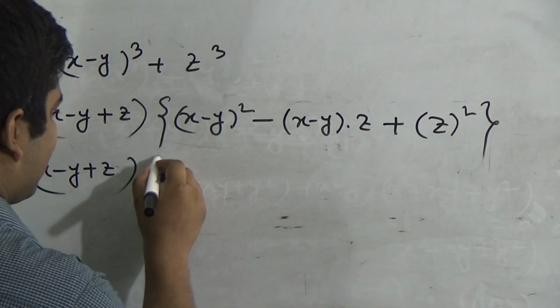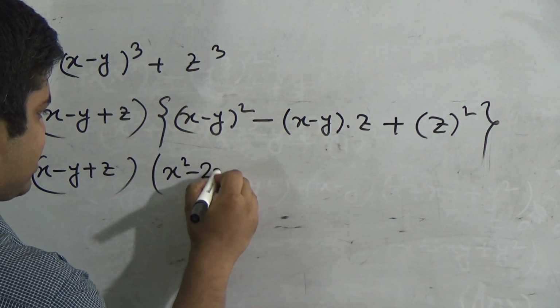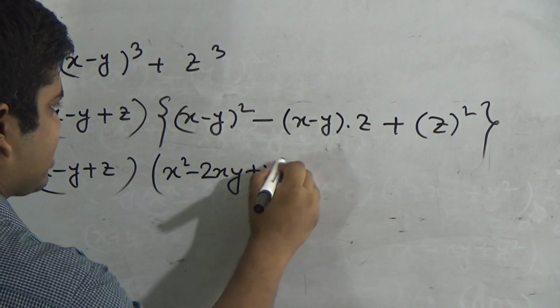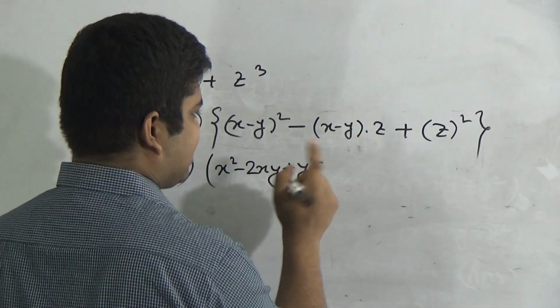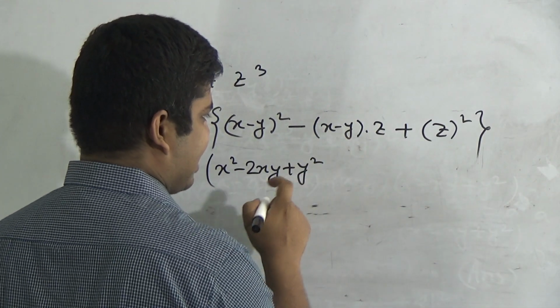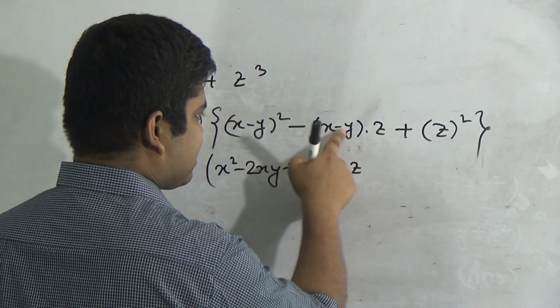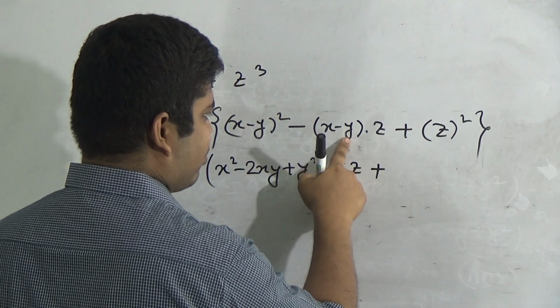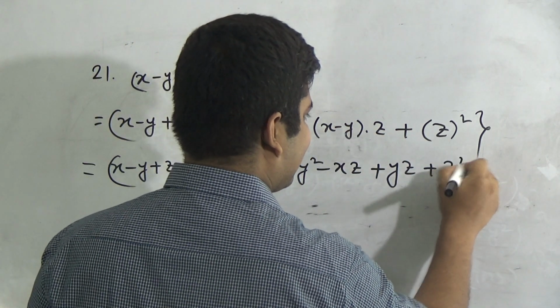Now x minus y plus z, we write this. Next we write x square minus 2xy plus y square, and we do the multiplication. If we multiply x with z, we get xz and minus, so minus xz. Minus minus plus, and y multiplied with z gives yz, plus z square.